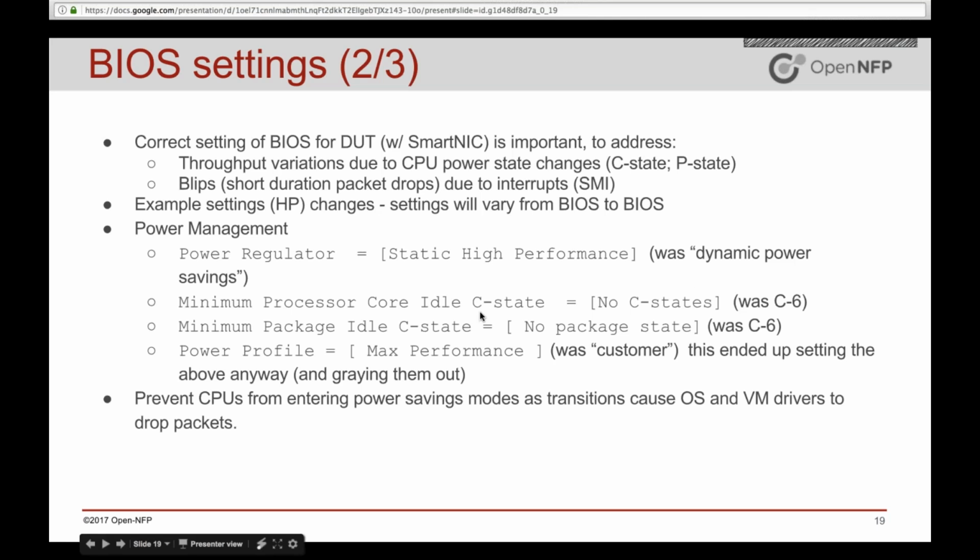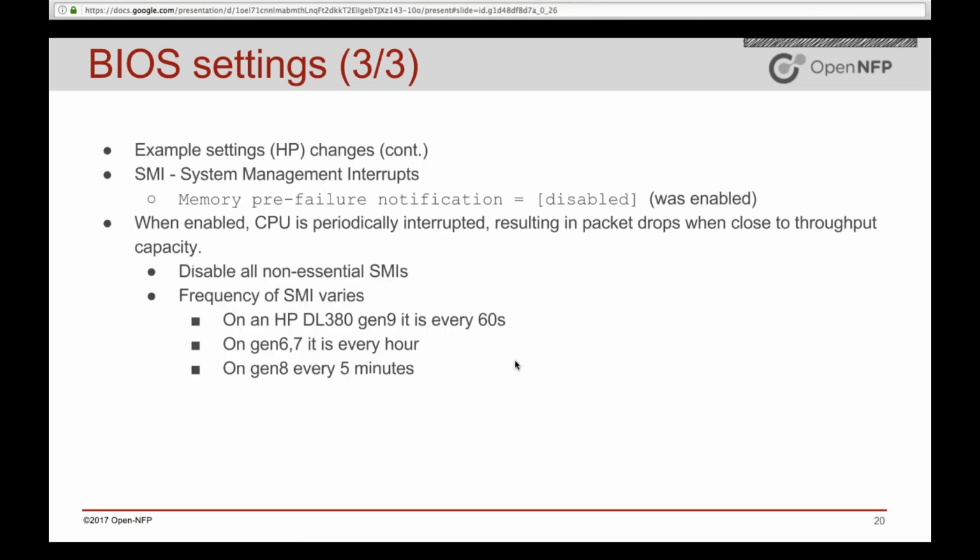We're setting minimum processor idle C state to no C states, and minimum package C state to no package state. The power profile was custom, but we're setting it to maximum performance. So we're trying to disable everything that might cause the CPUs to go into any kind of power saving modes.